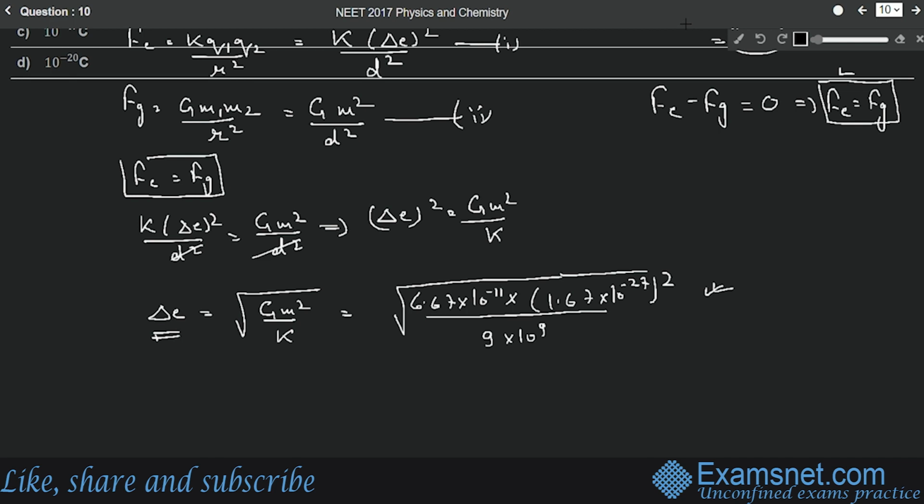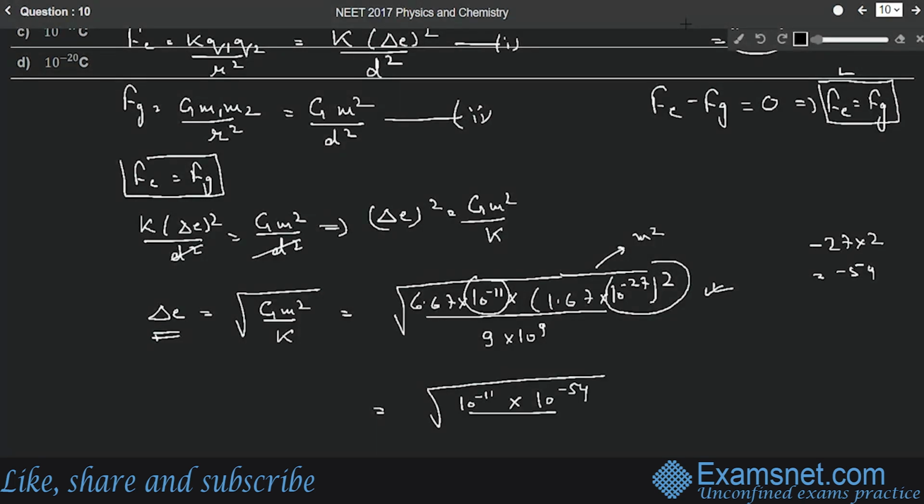Here, where we have to find m square, you can see 10 to the power minus 27 is there and then the square is there. That means double of minus 27, it will be minus 54. So here we'll write the powers of 10 only. 10 to the power minus 11 is here, into, if we solve this, we get 10 to the power minus 54. On the denominator side, we have 10 to the power 9.